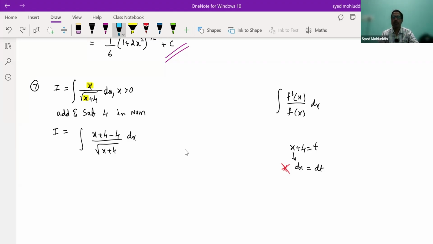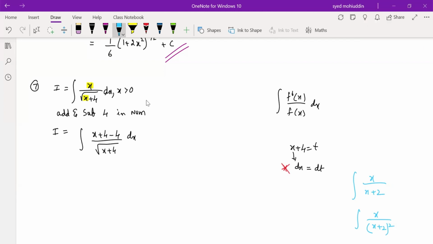Even if you have one more example, say x by x plus 2, even in this case you'll be doing the same thing, right? Or the other way, suppose you're having x by x plus 2 whole square, even in that case you'll be doing the same thing. From only one problem, there are so many other problems that will originate.